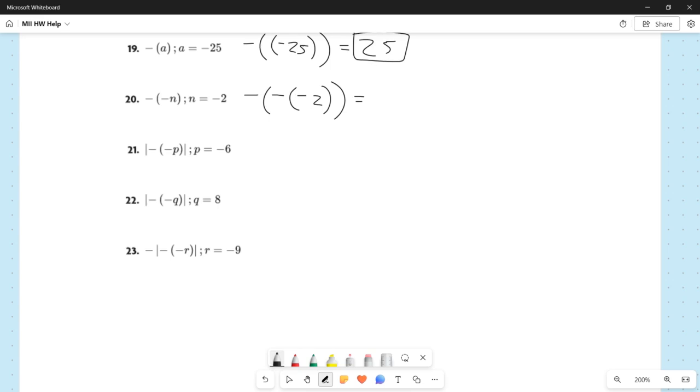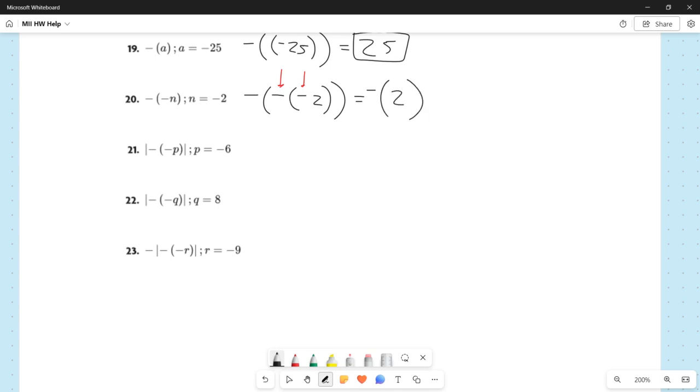All right, well, the negative 2 inside the inner set of parentheses is just negative 2, and then this negative right here causes this negative to essentially go away. As an intermediate step, what I have right now is negative parentheses 2.